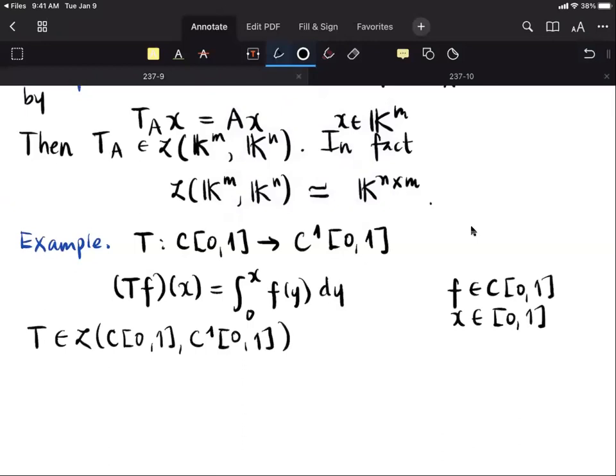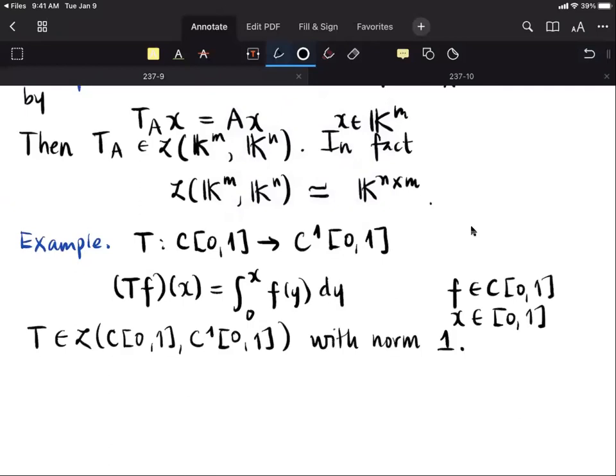Having a norm, the norm is equal to 1. Okay. So it lies on the unit sphere of the space of bounded linear operators between these spaces.